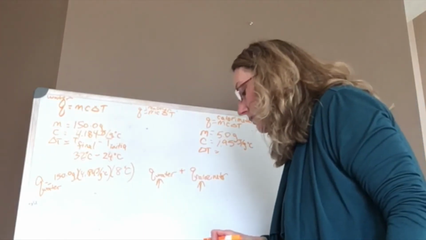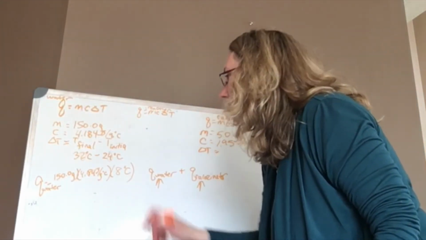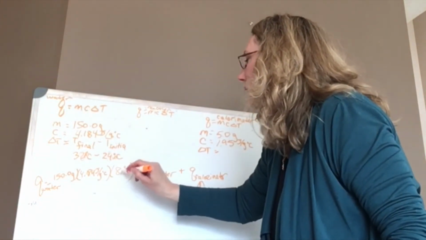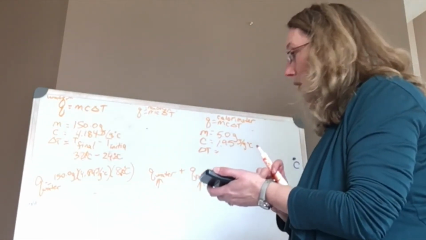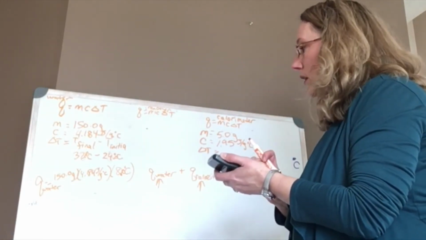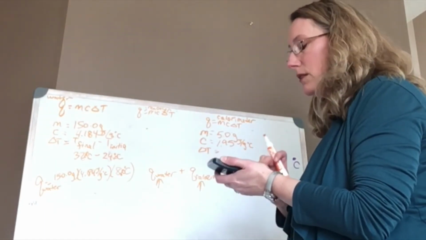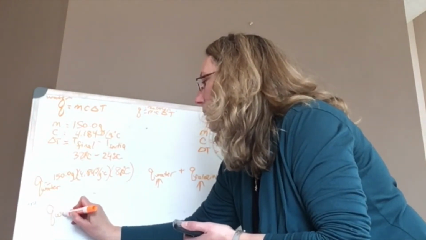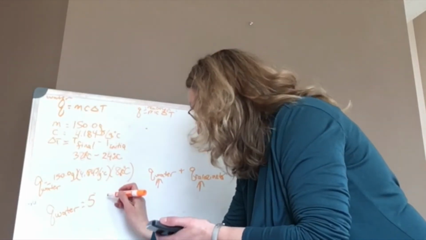So actually they gave me 2, only because it's 32. I was too lazy. 32.0, 24.0. All right, so I get 2 significant digits. All right, so what's the Q of the water? 150 times 4.184 times 8. The energy that's going into the water is 5.